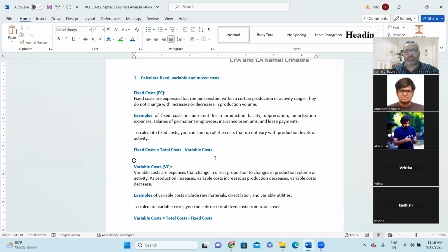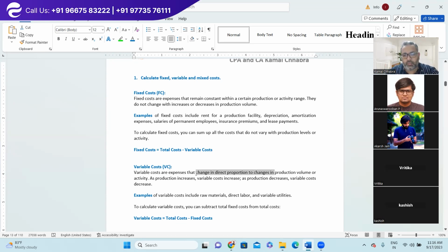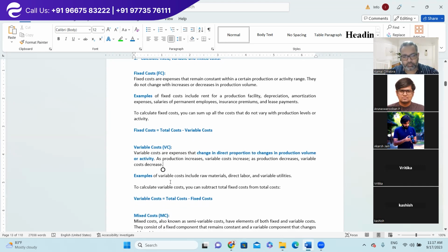So variable costs are basically material costs, labor costs, which, like mentioned, are directly proportional to the amount that we are producing as output. That is variable cost. Yeah. Any example you would like to share? So mainly direct material, labor, and units of electricity can also be.